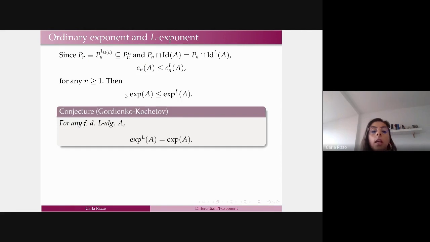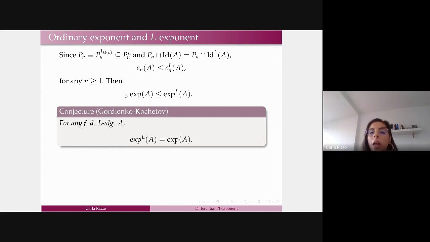In a paper of 2014, Gordienko and Kochetov conjectured that for any finite dimensional L-algebra A, the L-exponent and the ordinary exponent are equal. This can appear quite strange, because when we consider graded algebras or algebras with involution, this is not true.